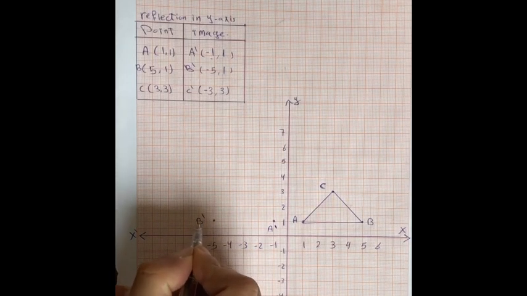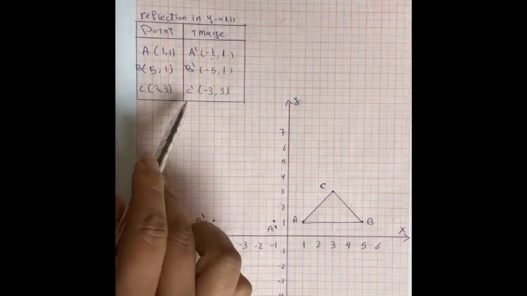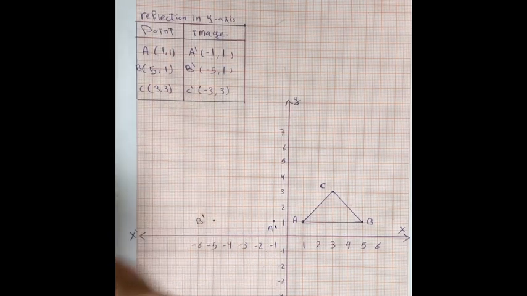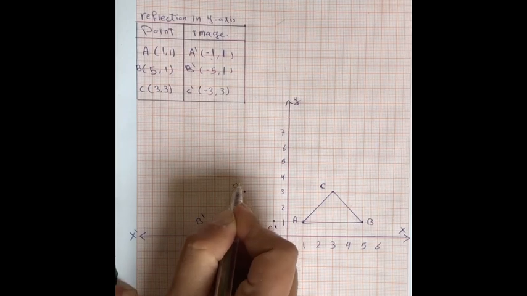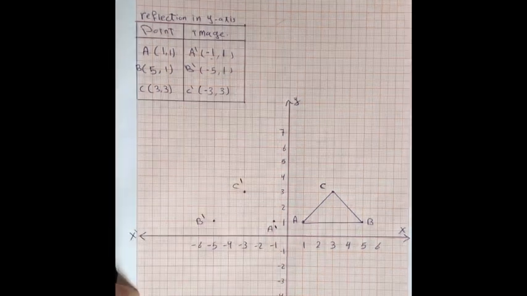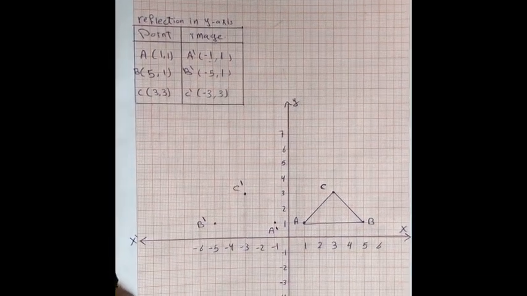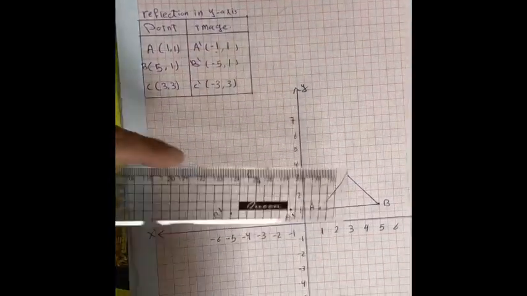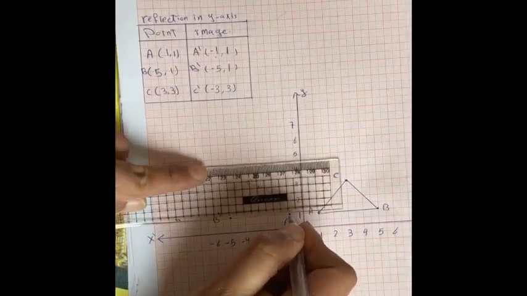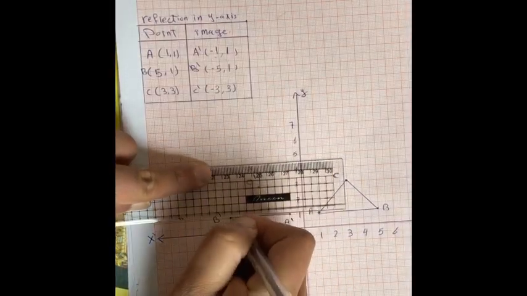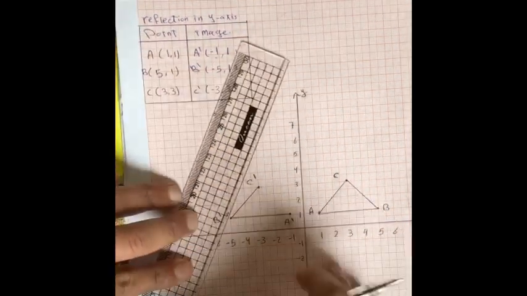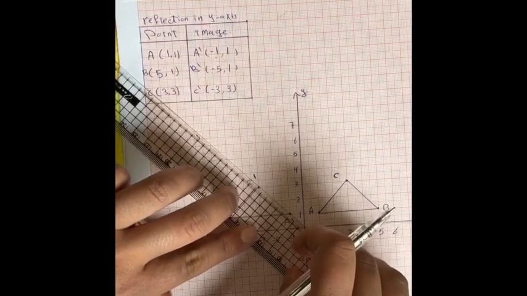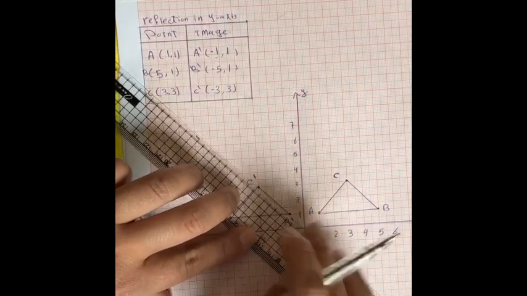Dashed means the image of point B. And the last, (-3, 3), so that's C dashed. After that, we draw the image of triangle A dashed, B dashed, C dashed. So now we have the image of triangle ABC by reflection in the y-axis.